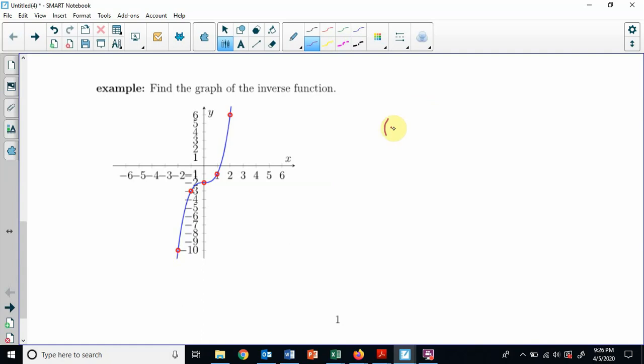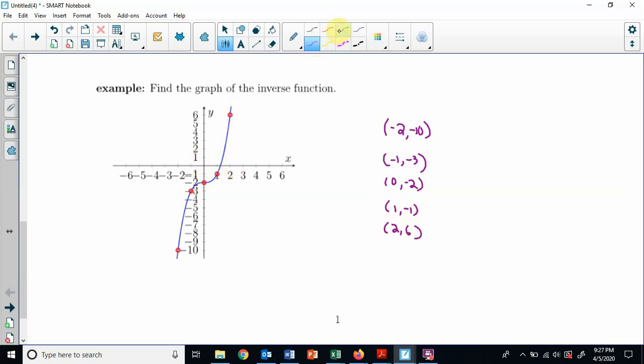Let's see. -2, -10 is what that point is. The next point's -1, -3, 0, -2, 1, -1, and 2, 6.